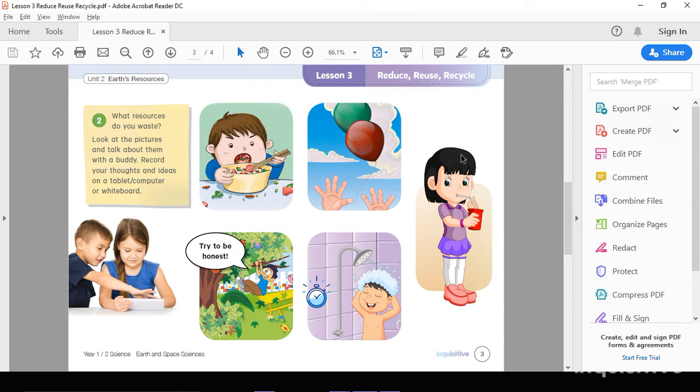Oh, actually there's a picture over here as well. Have a chat about these two pictures and this picture of the girl drinking out of the cup with a straw. So have a chat with a buddy about those, so your parent, or have a think to yourself, and then when you're done you can start the video up again. So ready to pause now.